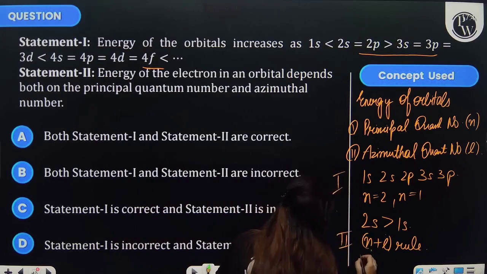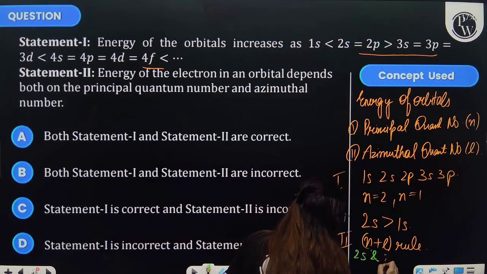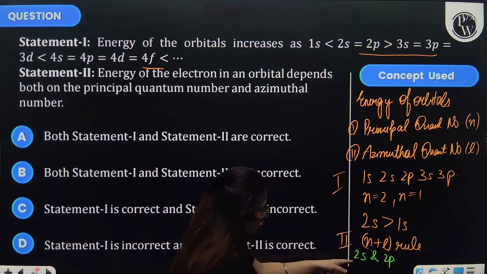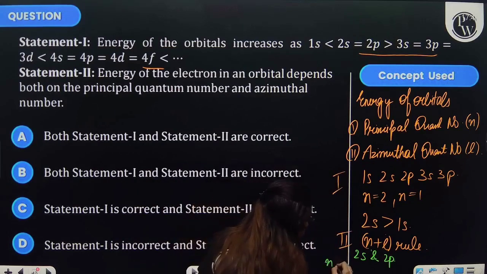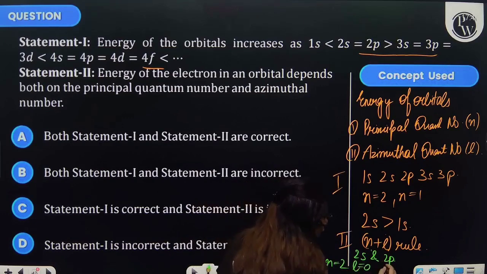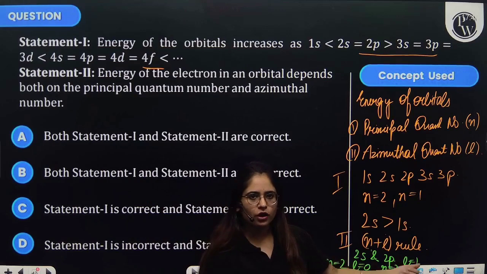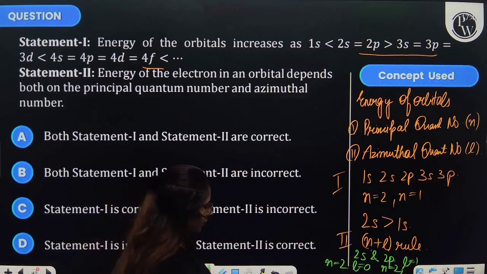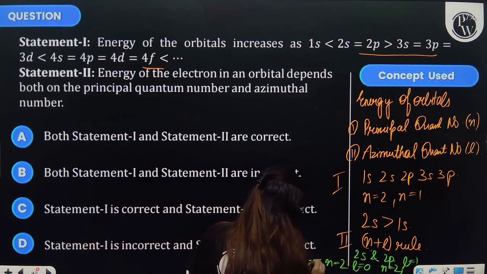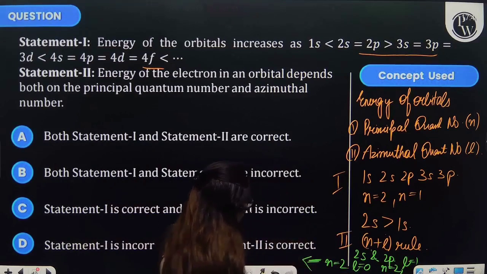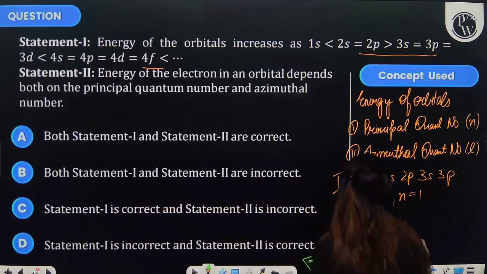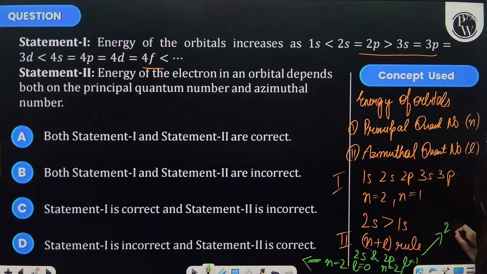So if I consider 2s and 2p, for 2s n equal to 2 and L equal to 0, and for 2p n equal to 2 and L equal to 1. So in this case the n plus L value is more for 2p, and therefore the 2p orbital will be having higher energy.